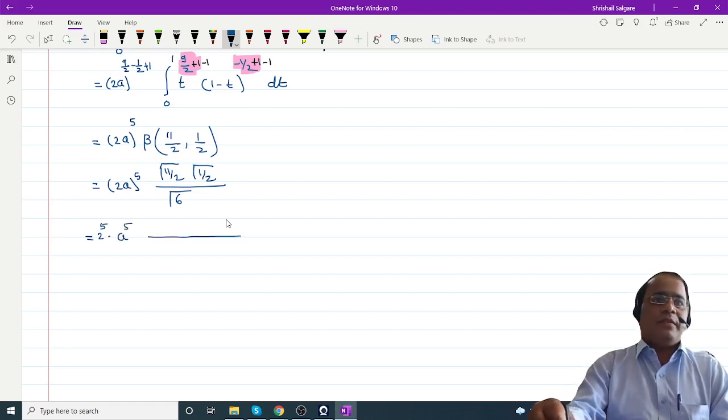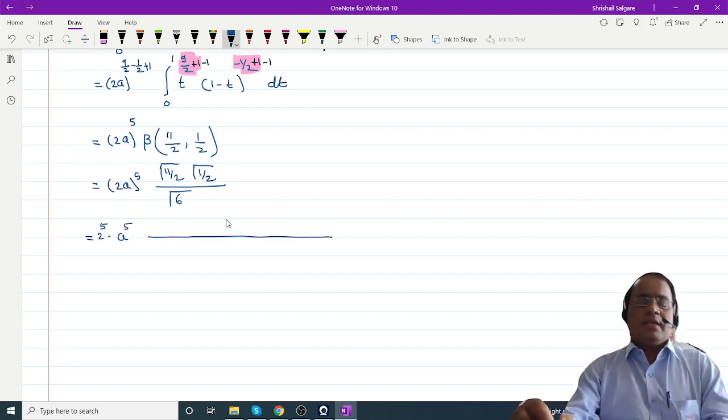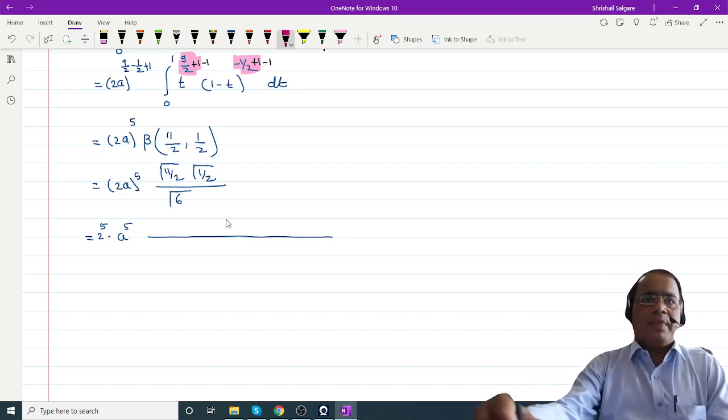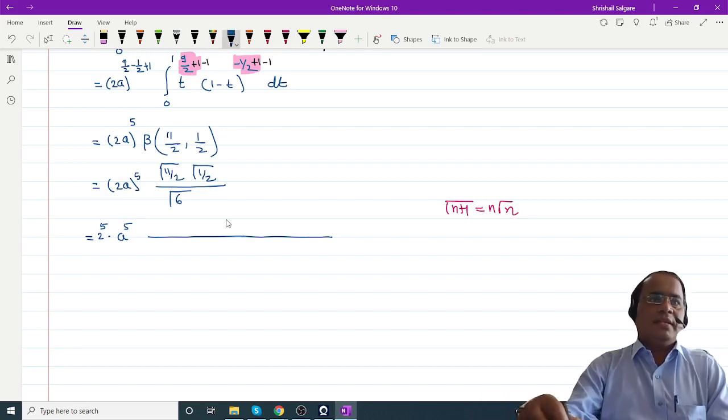Now using the property. See, continuously, because there is no term to cancel from the numerator and denominator, that's why I am applying the property gamma of n plus 1 is equal to n gamma n. So if you apply this, reducing this number by 1 means 9 by 2, 7 by 2, 5 by 2, 3 by 2, 1 by 2 into gamma of 1 by 2.